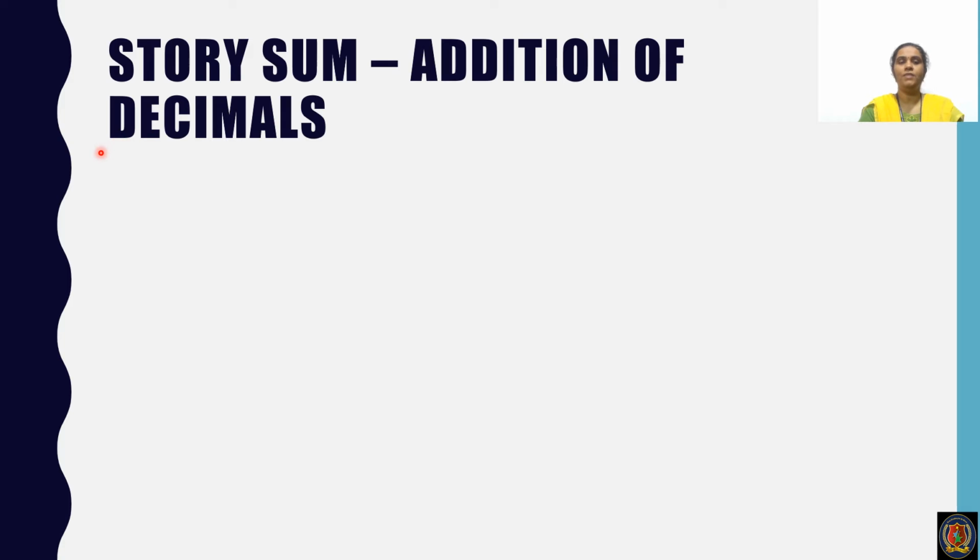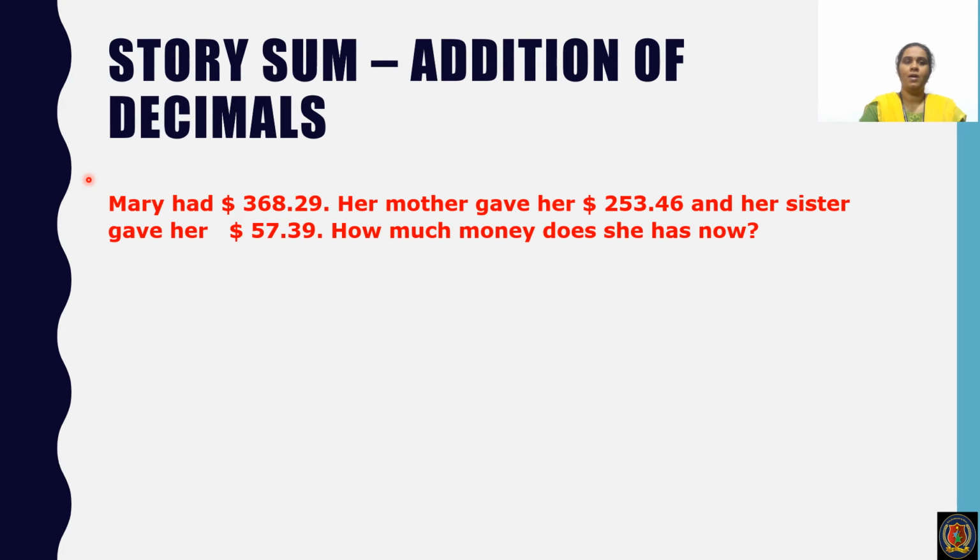Now we are going to see a few story sums on operations of decimals. First, addition of decimals. Mary had $368.29. Her mother gave her $253.46 and her sister gave her $57.39. How much money does she have now?